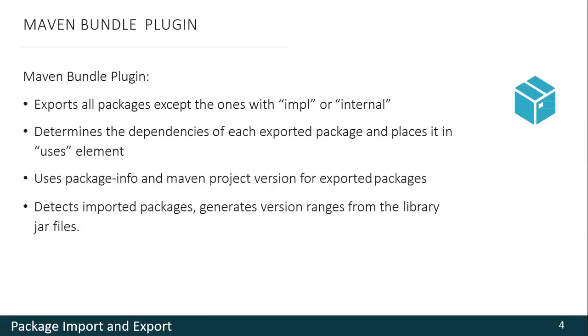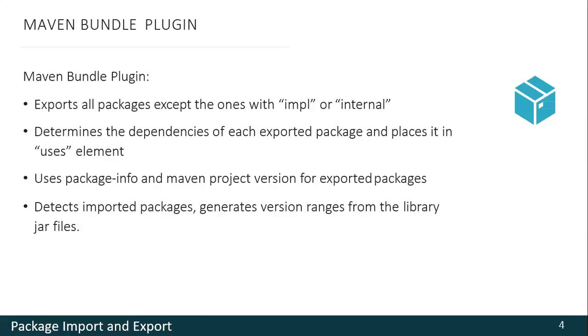To determine the version of the exported package, it uses the package-info class. If package-info is not present, it uses the Maven project version as the package version. The plugin formats the version in the major, minor, micro format.